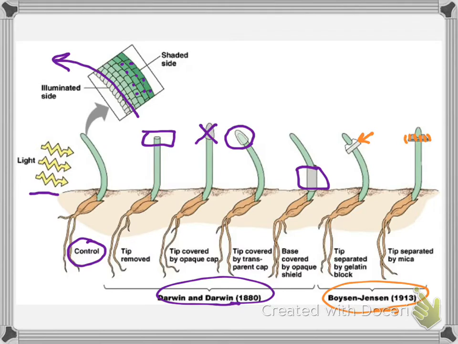So in the case where it is permeable, auxin, which is located in the tip again, can diffuse from high concentrations in the tip to low concentrations in the shoot, and you're still going to get that positive phototropic response. But when the block is not permeable, those auxins that are concentrated here in the tip cannot flow to the shoot, and you no longer get a response to light.